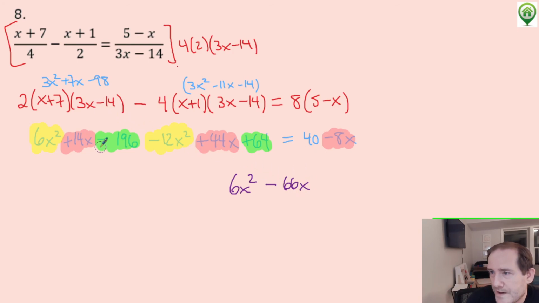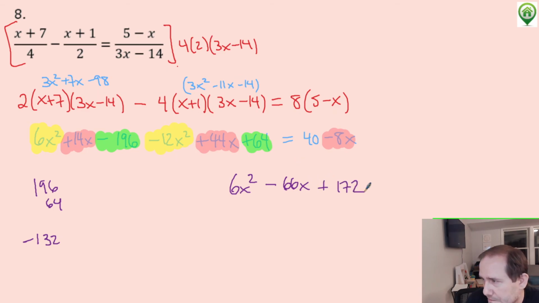Okay, cool. Then we have, I don't even know, 19664. 132. So negative 132, but I'm adding it, so I'll have positive 142. I mean 172. 7, 8, 9, 10, and that's not divisible by 6.